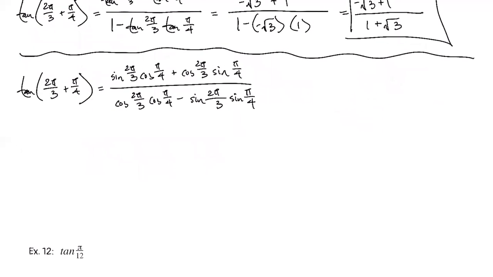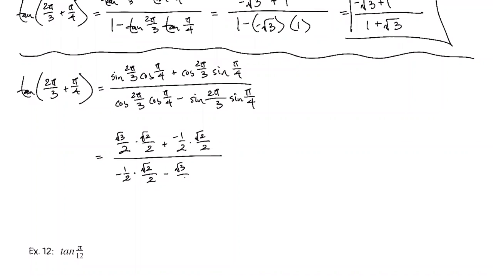And so if we plug all of these values in, we'll get root 3 over 2 times root 2 over 2 plus negative 1/2 times root 2 over 2 over negative 1/2 times root 2 over 2 minus root 3 over 2 times root 2 over 2.